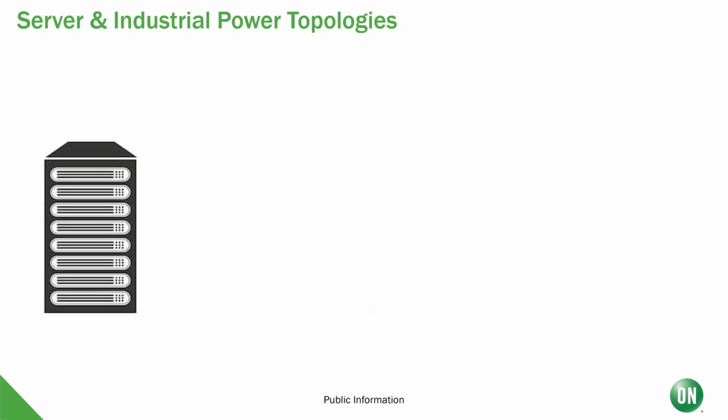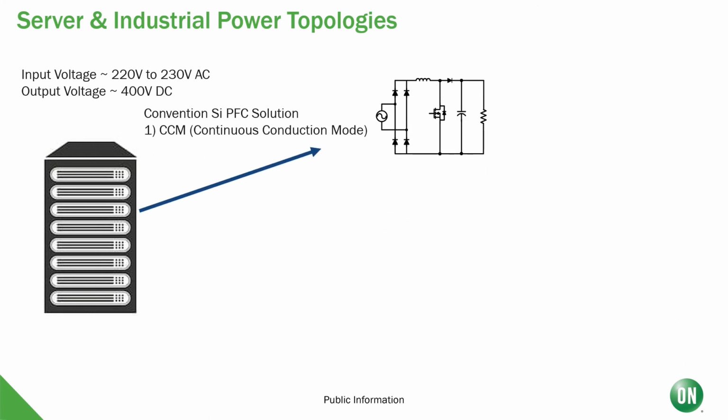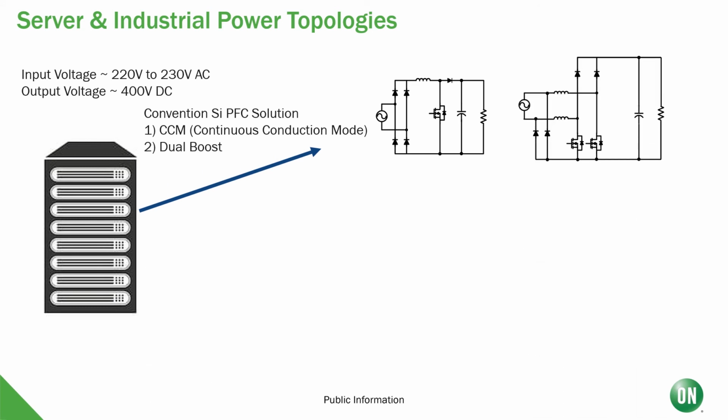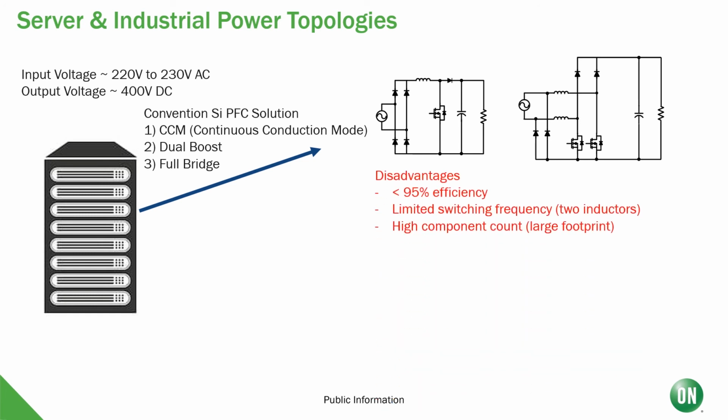And finally, we'll talk about the server industry. The server industry has changed a lot. This is where you'll see an input voltage from 220 to around 230 volts AC and an output voltage of 400 volts DC. The conventional solution using silicon PFC is typically a CCM, or continuous conduction mode, solution or a dual boost, as well as a full bridge.